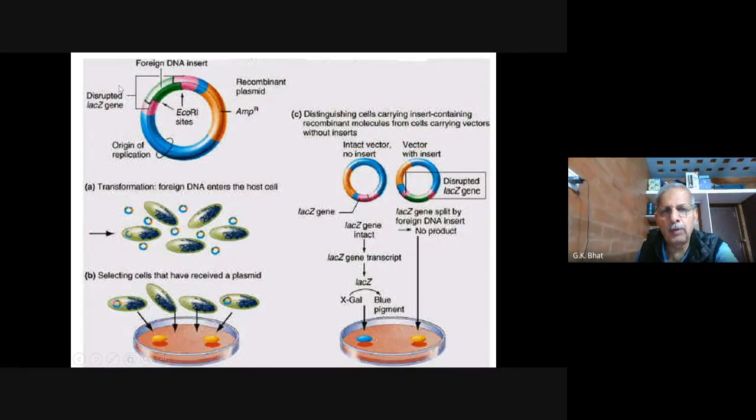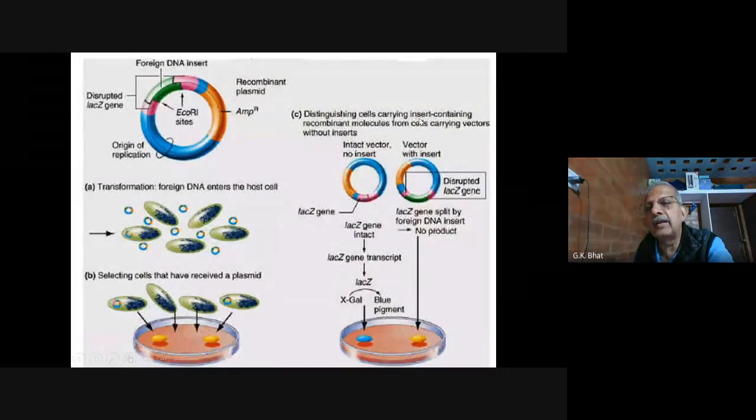So we have added a piece of DNA to the lacZ area, making the lacZ non-functional. Coming back here, distinguishing cells carrying insert containing recombinant molecule from cells carrying vector without insert.